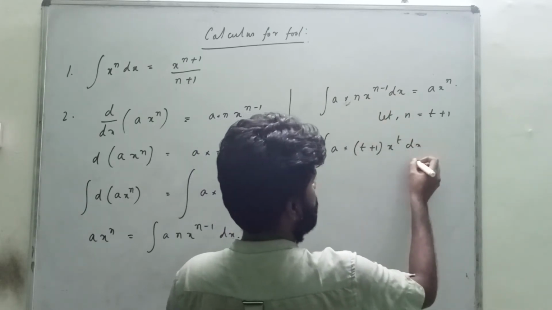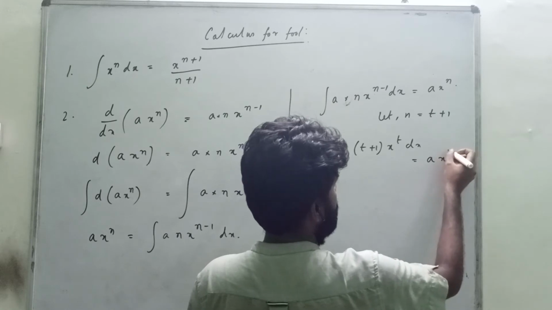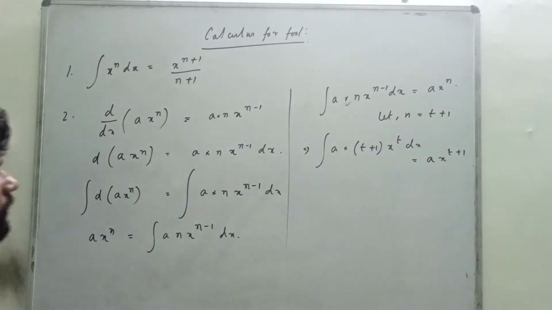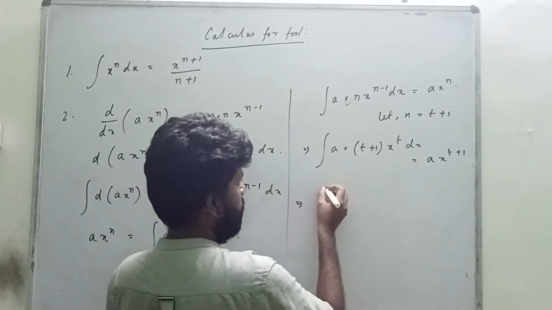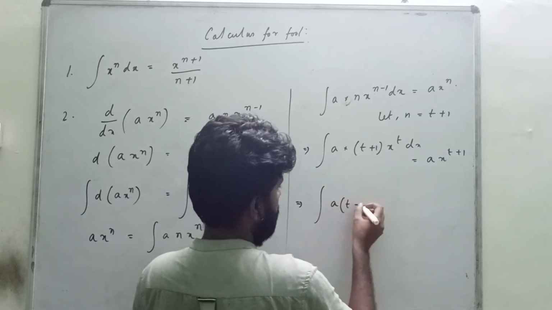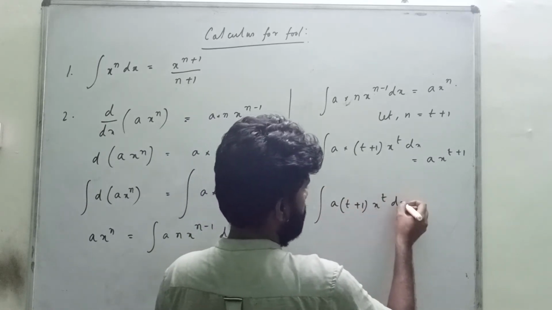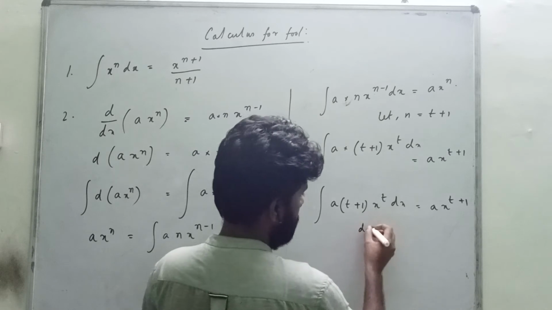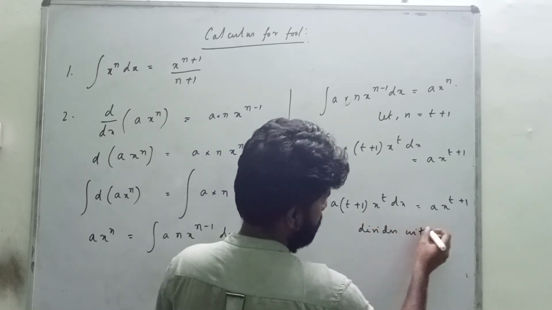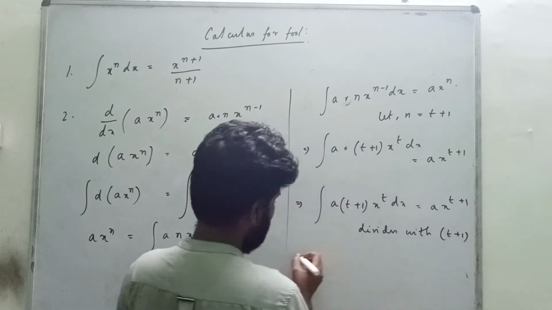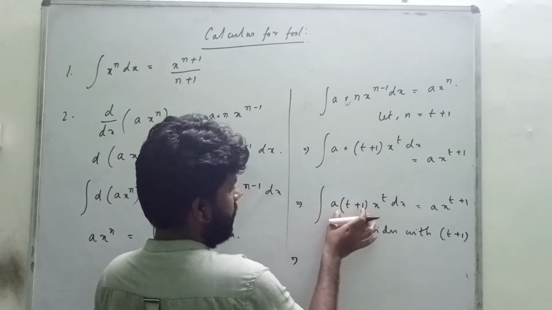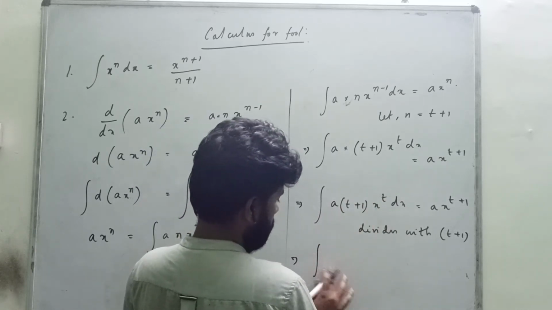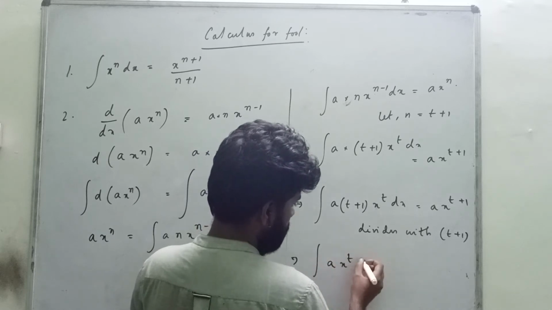We get dx here and a x power t plus 1. So ultimately the integral of a into t plus 1 x power t dx will be a x power t plus 1, and just divide with t plus 1. What do you get? This t plus 1 cancels out, and we are left with the integral of a x power t dt.